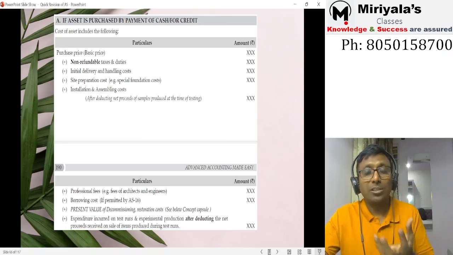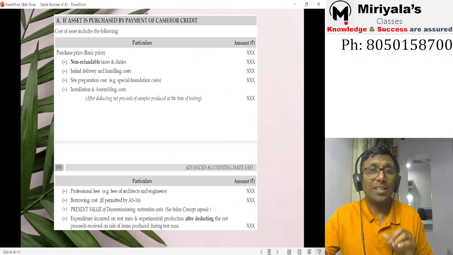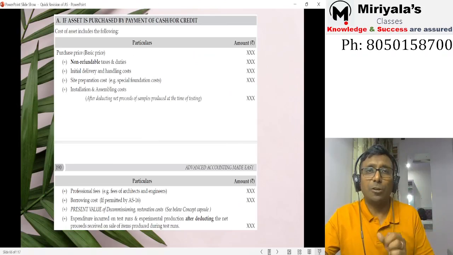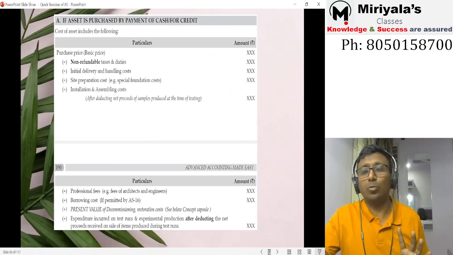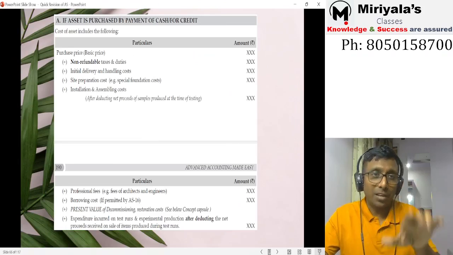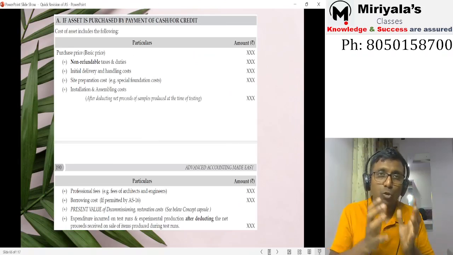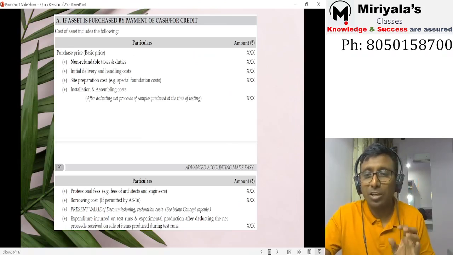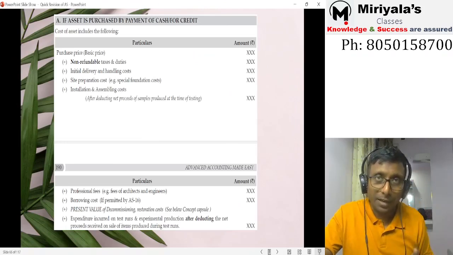Any borrowing cost, if it is a qualifying asset as per accounting standard 16, and any professional fees are all going to be capitalized. You will reduce any discount or rebate or government grant. Otherwise, all other costs until it comes to its intended purpose are going to be capitalized.